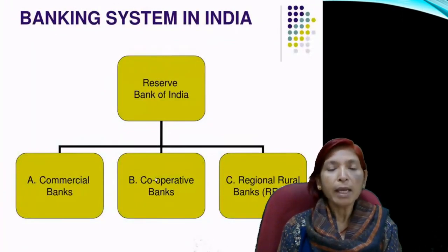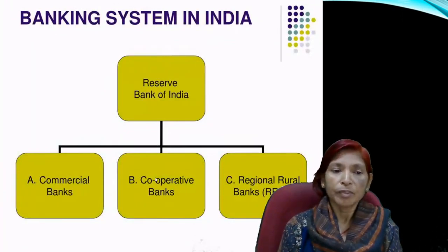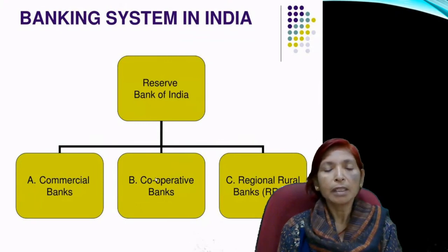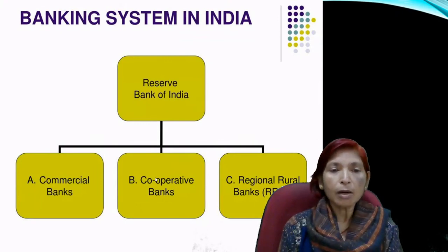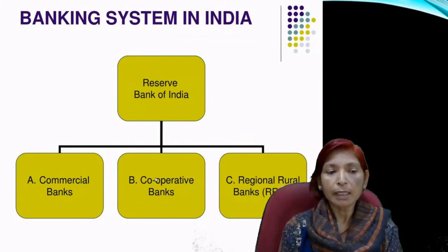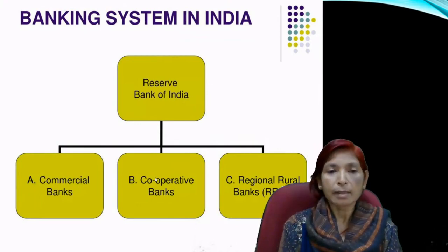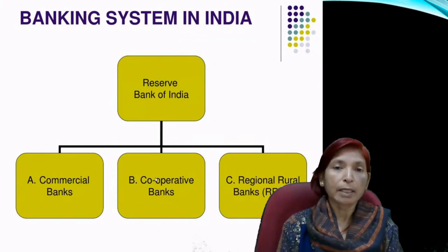Now next is banking system in India. In India, first of all the banks are managed, controlled and organized by Reserve Bank of India. So Reserve Bank of India is the apex institution of monetary authority in India. Reserve Bank of India works with different types of banks like commercial banks, cooperative banks, regional rural banks. One is commercial bank.